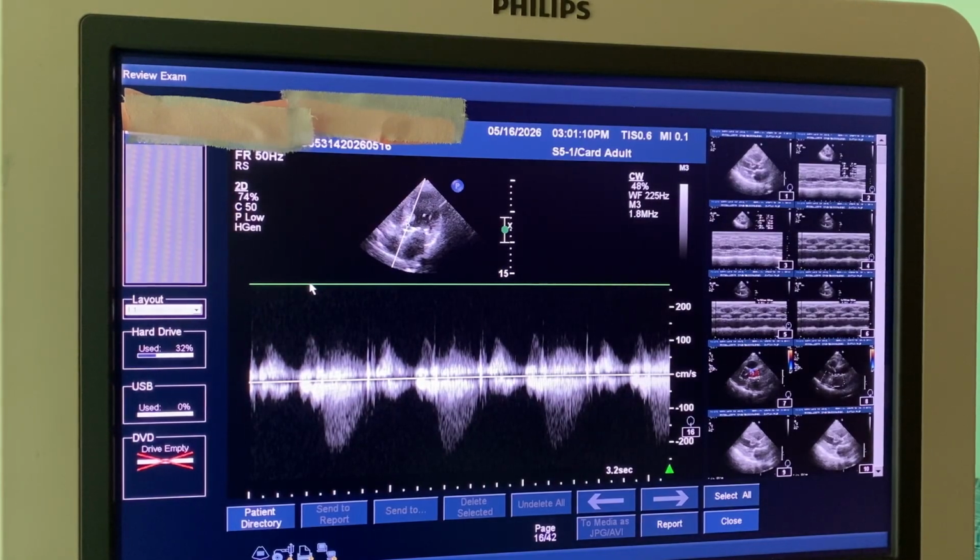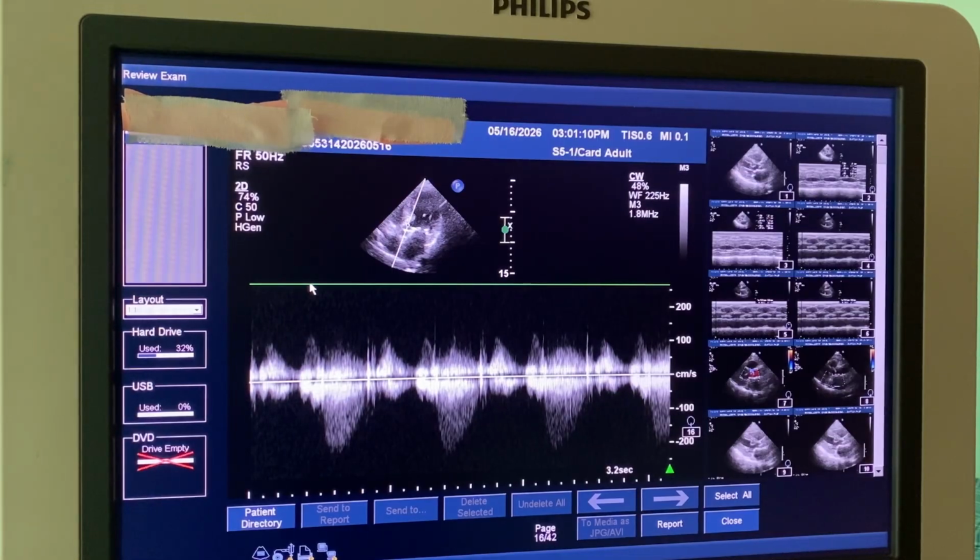Another thing we are going to look at is the DVI, Doppler Velocity Index. At least these four we are going to look at and how to do them.